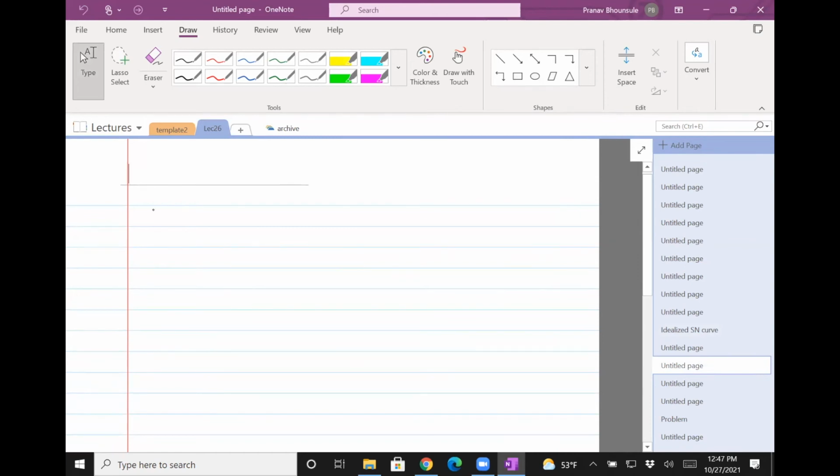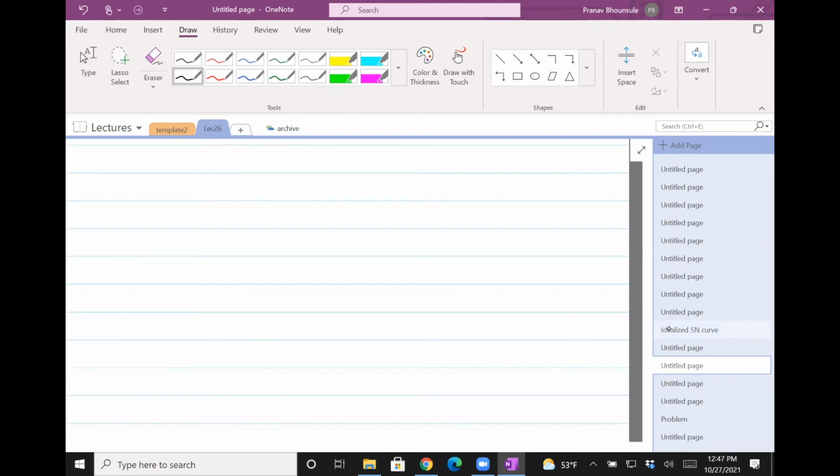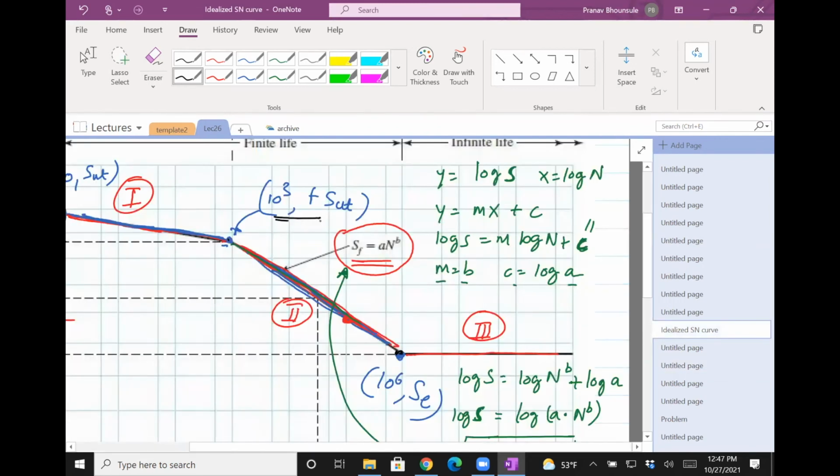Okay, so our goal is to find the constants in the equation s equals a times n raised to b. Okay, so since there are two constants, all we need is two conditions, right, to find these constants. So we know that two points on this curve are these points.